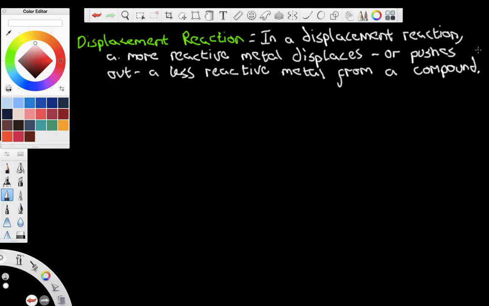Now, to predict if a displacement reaction will take place, you need to use the reactivity series, which we spoke about last lesson.